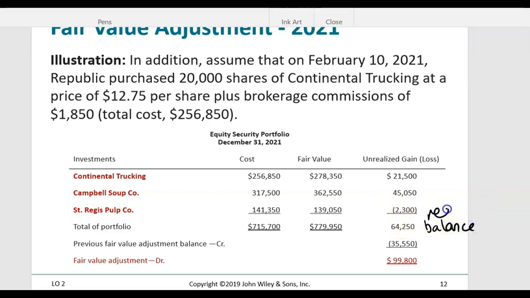This is our required balance in the fair value adjustment account. We want it to have a $64,250 debit balance because our fair values are net higher than the costs, and it currently has a credit balance. So what do we need to record in the fair value adjustment account? We need to record $99,800 as a debit.